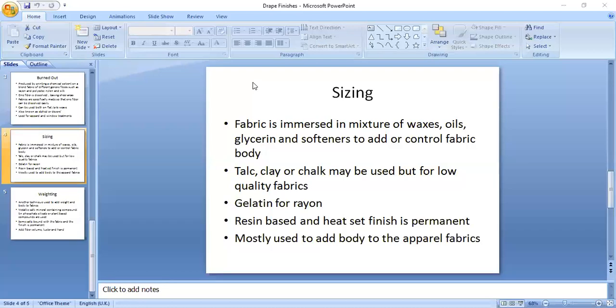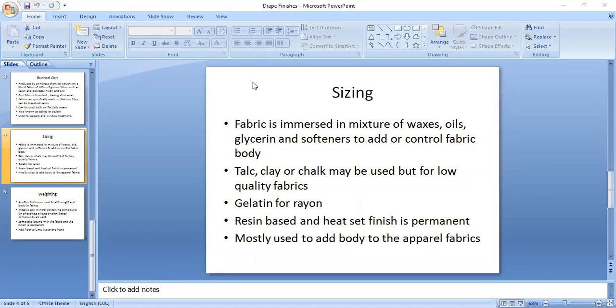If the sizing is resin based and heat set, it will be permanent, otherwise it will not. If the sizing is water soluble, it will be removed during washing and it may create problems for the consumer.